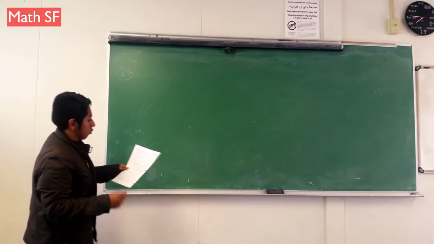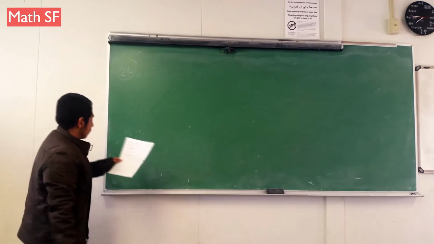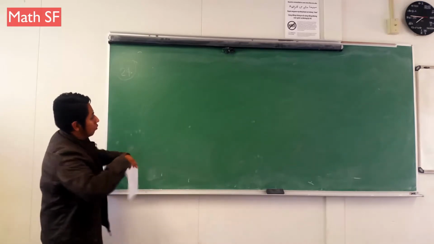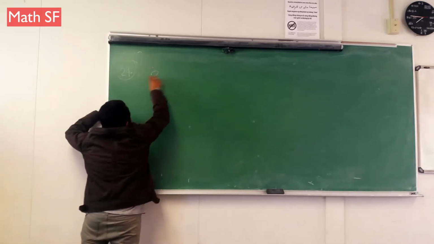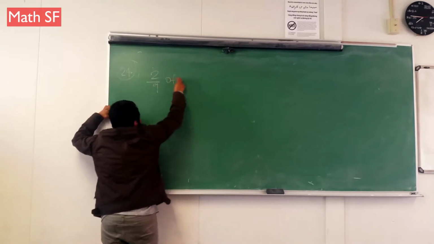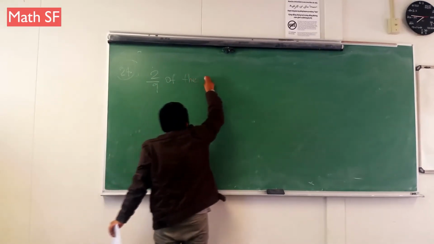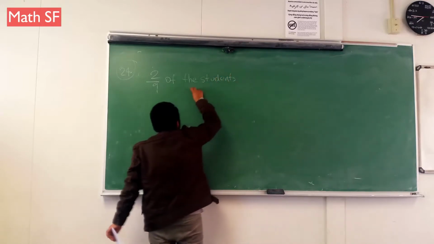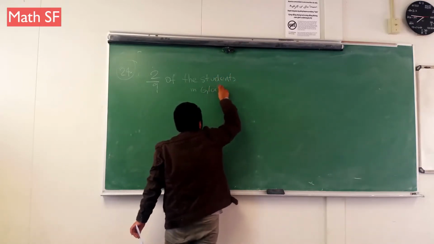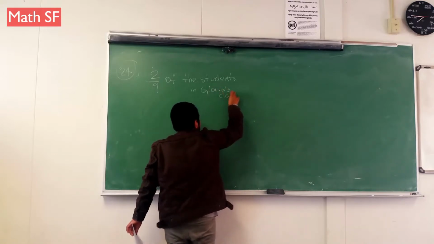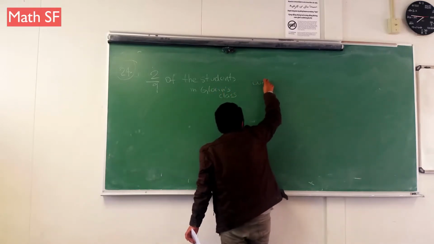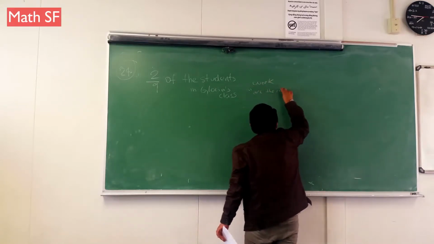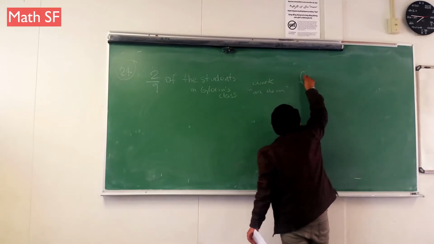How many students are in Gloria's class? Okay, 2/9 of the students in Gloria's class work full time. So pretty much, let's write 2/9 of the students, meaning the total students in Gloria's class, right? The students in Gloria's class are the ones that work full time.